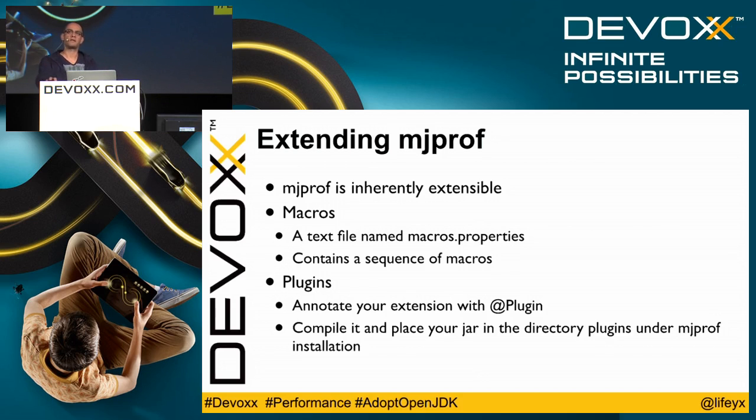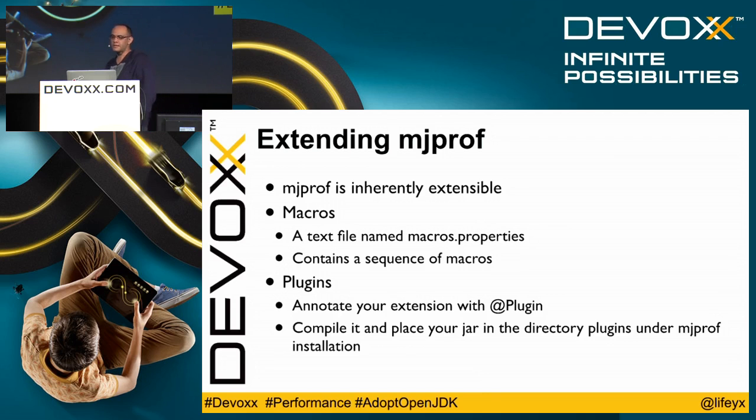But you can also write plugins. There is an API. If you develop a plugin, you can create a jar and put it in the plugins directory, and you're ready to go. It's very extensible in its nature, because as we try using it, you will see that for your needs, you may need additional functionality.